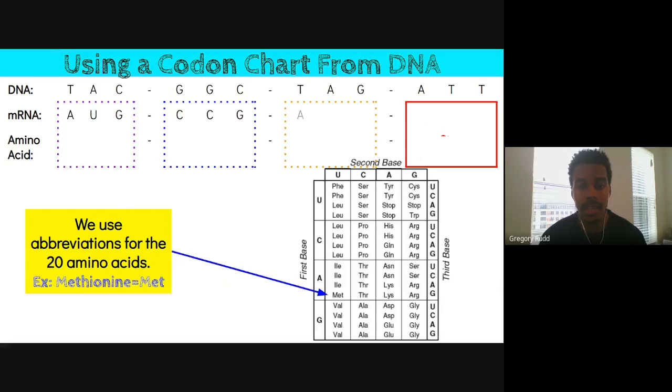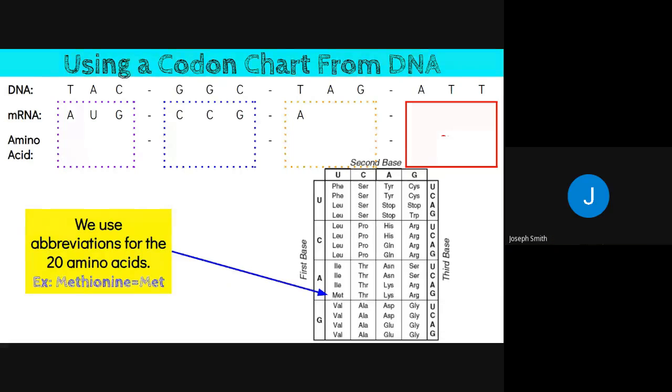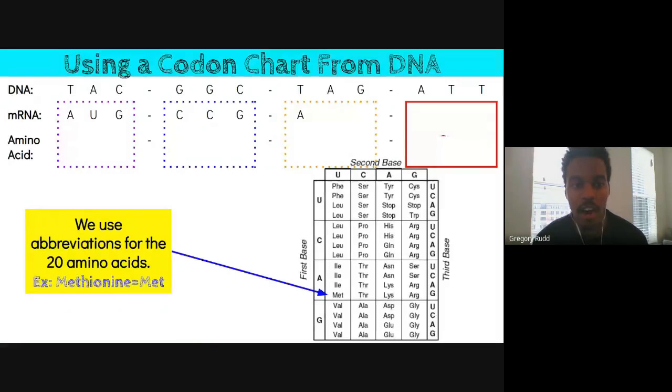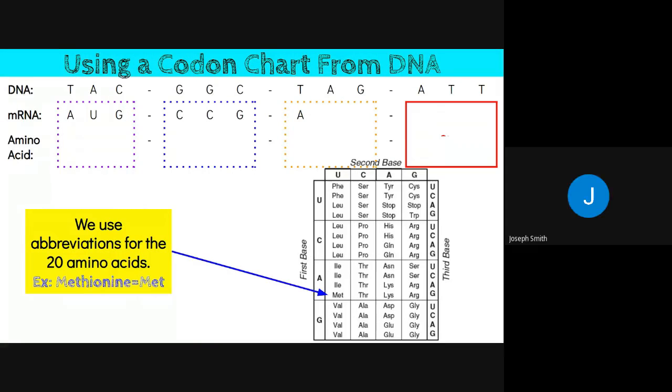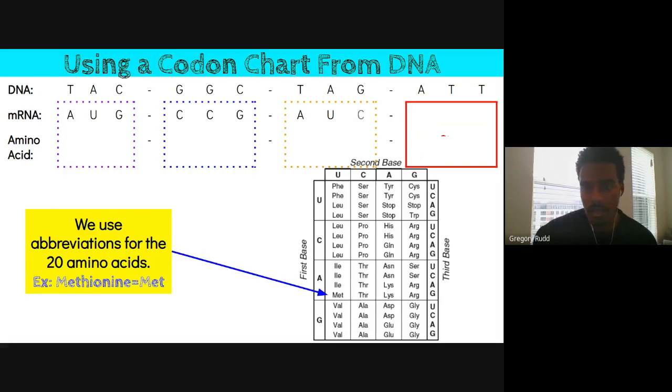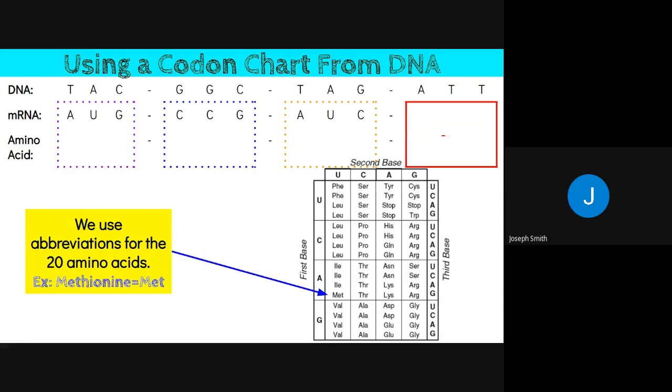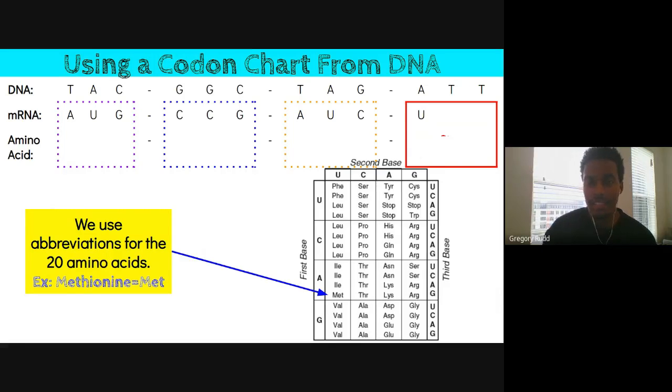A. A, good. T. Ah, no T's in RNA. Oh, I mean U. Yeah, U, good. And then you got C. C. And then you got another T. You did it again. No T's in RNA. U. I keep tripping with the A's and U's. Ooh, that is tricky.